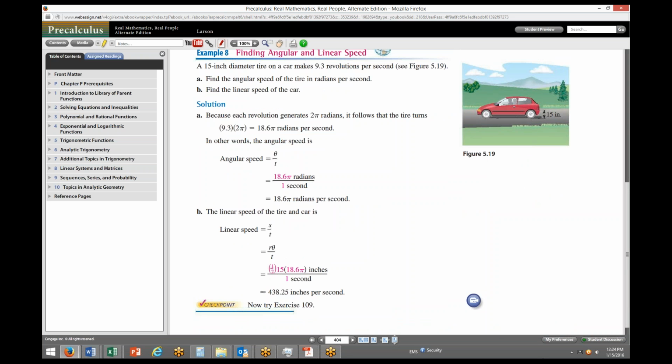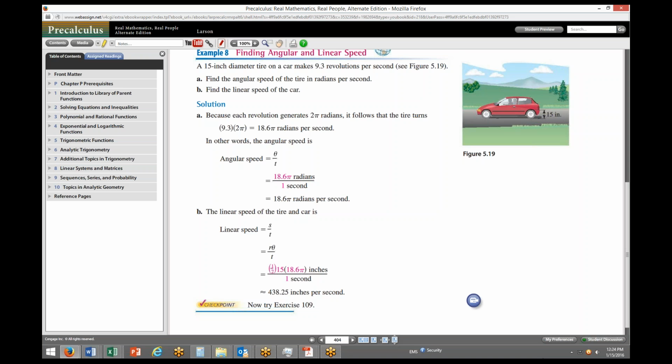It's a full circle, so that's 2 pi radians. And it's doing that 9.3 times per second. So in terms of how much angle it's covering every single second, it's 9.3 times 2 pi, which is 18.6 pi radians per second. That is the angular speed. 18.6 pi radians divided by 1 second is 18.6 pi radians per second.